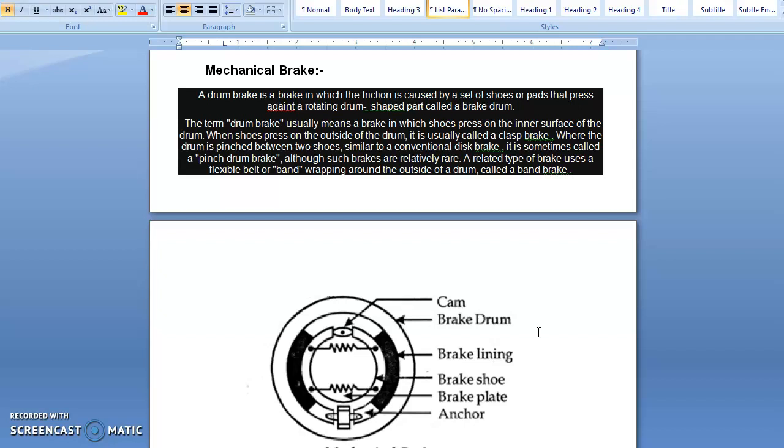When shoes press on the outer surface of the drum, it is usually called a clasp brake. Where the drum is pinched between two shoes, similar to a conventional disc brake, it is sometimes called a pinch drum brake. Such brakes are relatively rare.